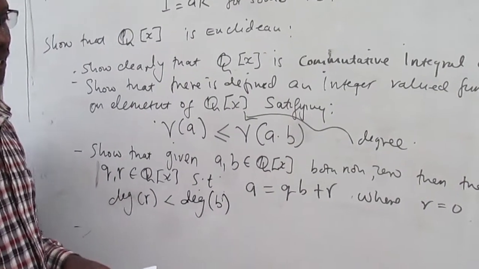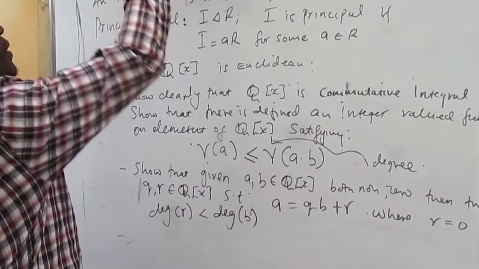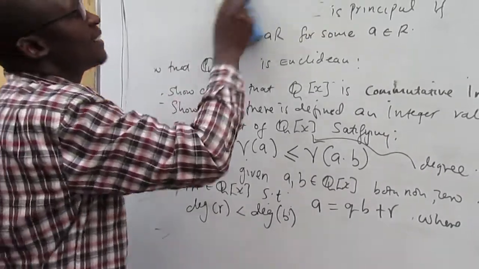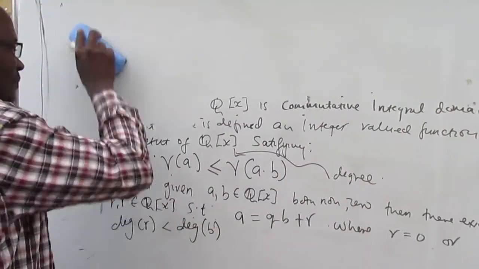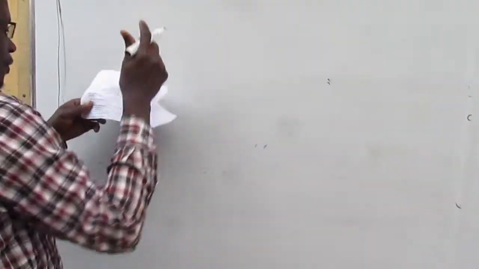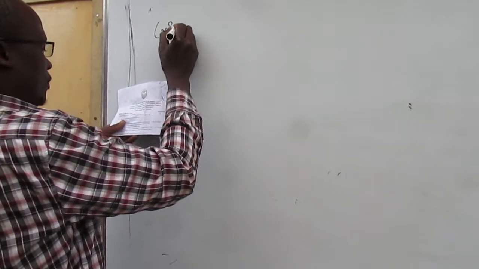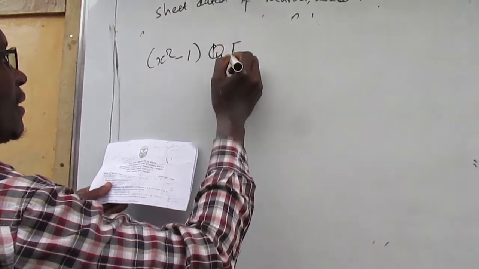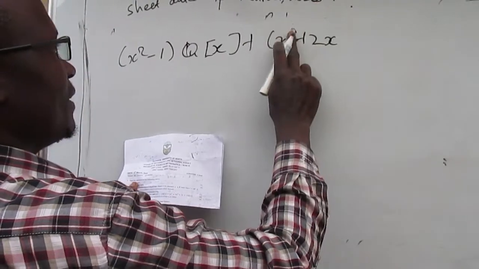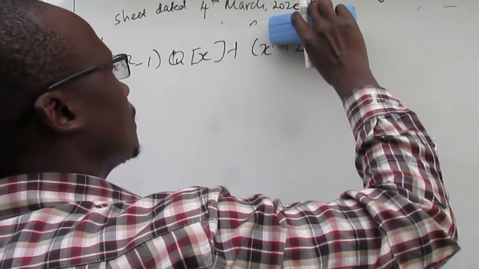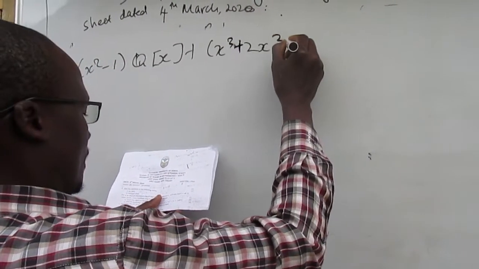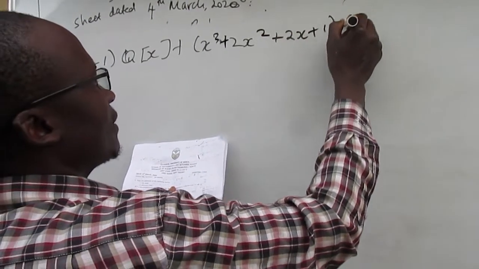And so finally, for this part of the question, you are supposed to find the generator of this ideal. So you have the ideal generated by x squared minus 1 plus the ideal generated by x cubed plus 2x squared plus 2x plus 1.